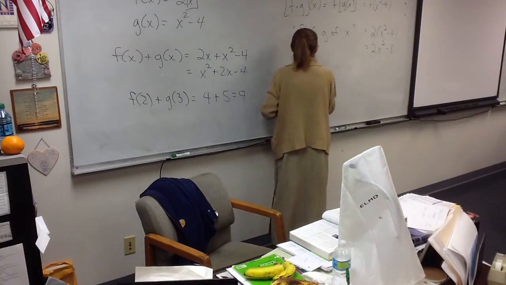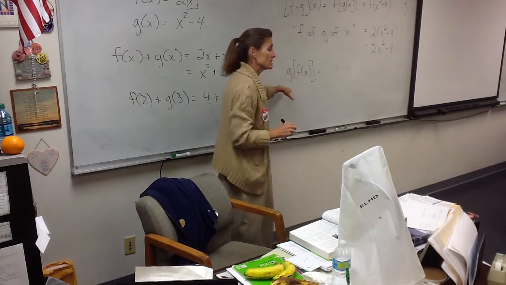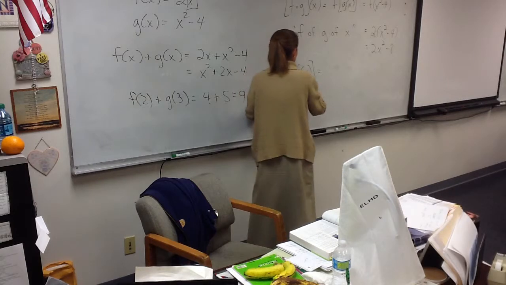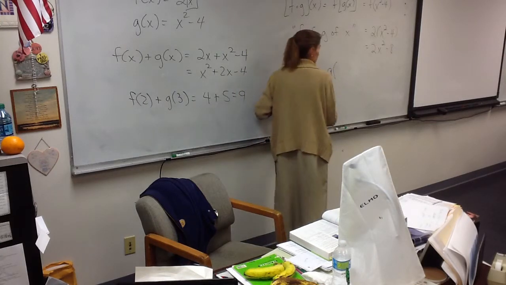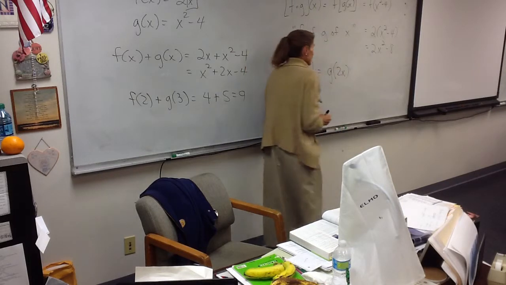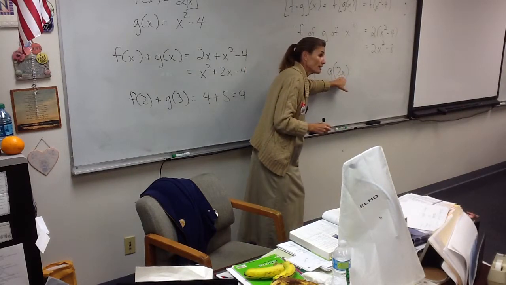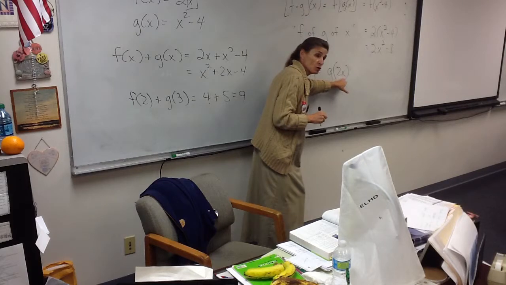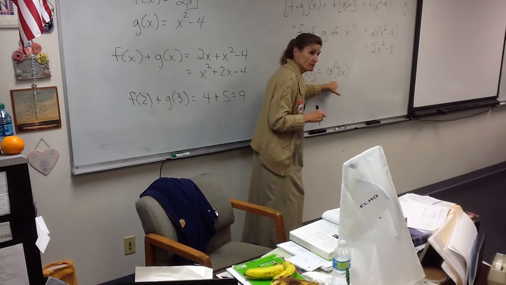Let's do it in the other order. Now this is the other order. This is not the same thing. This says find g of f of x, which means I'm going to plug 2x, which is f, into g.